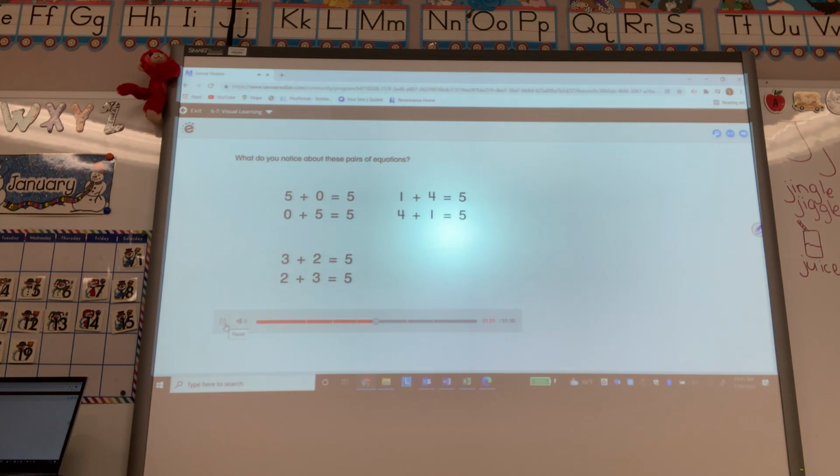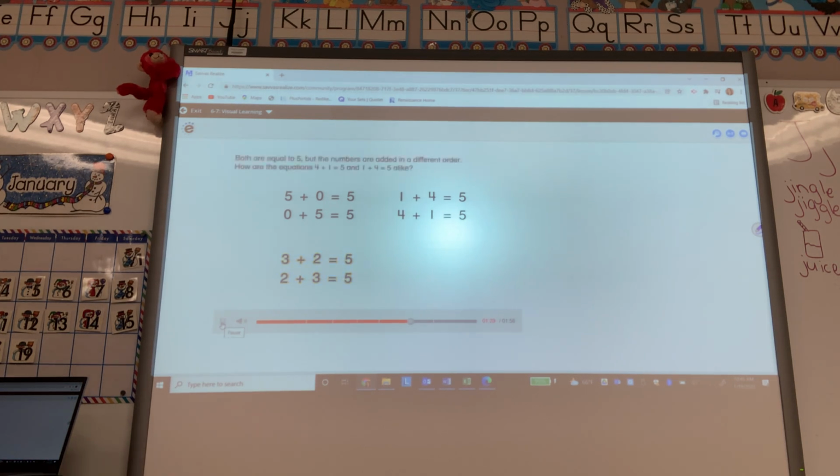What do you notice about these pairs of equations? The same numbers are added, but they are added in a different order. How are the equations 3 plus 2 equals 5 and 2 plus 3 equals 5 alike? Well, they're both adding the same numbers, right?